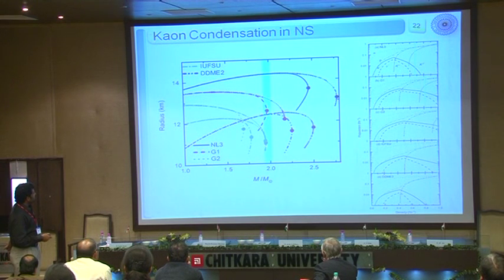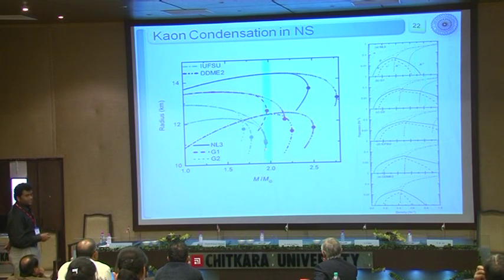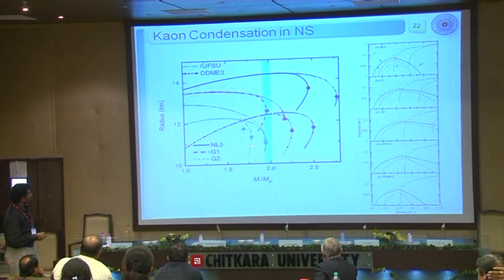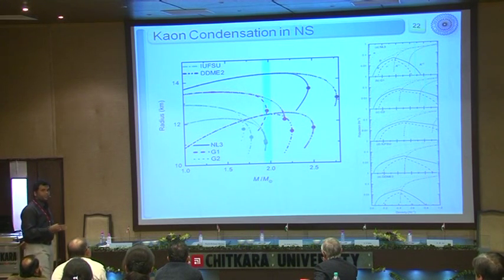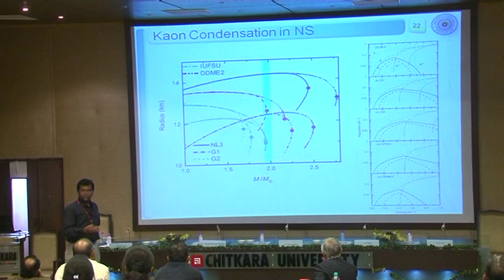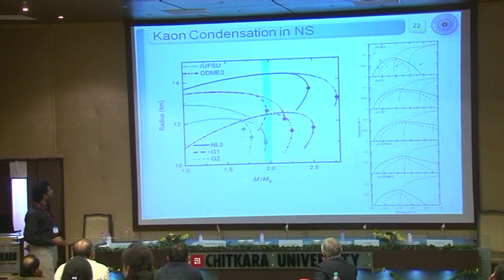Another interesting point is that without antikaons, G2 and IUFSU give more or less the same neutron star with the same maximum mass and same corresponding radius. There is a well-established correlation between the radius of the neutron star and symmetry energy. They are supposed to be correlated strongly.